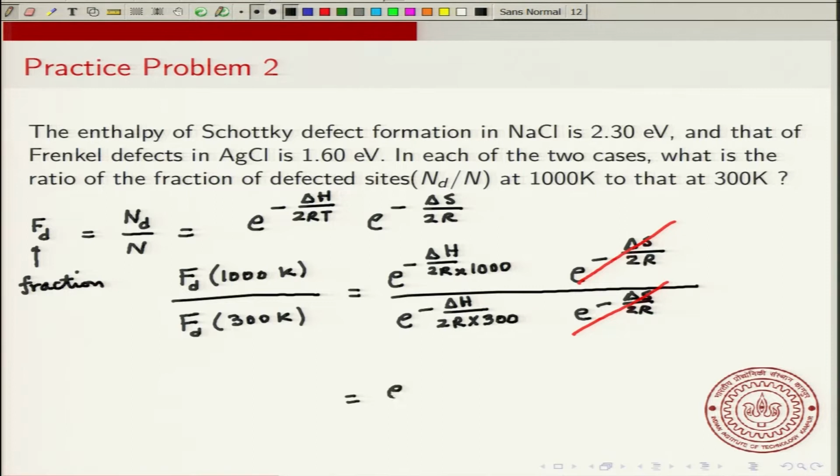So we will have e to the power of, taking minus delta H by 2R common, well, I'll make it a plus delta H by 2R, then I have 1 over 300 that comes from the denominator and minus 1 over 1000.